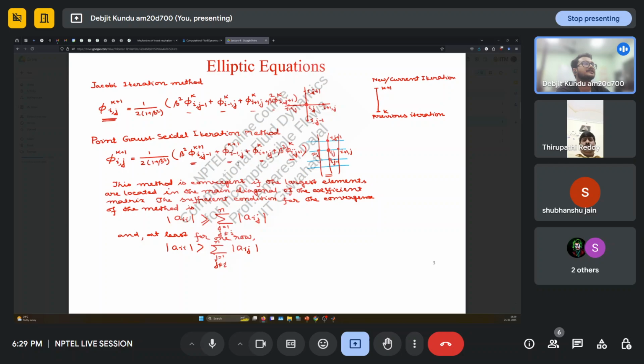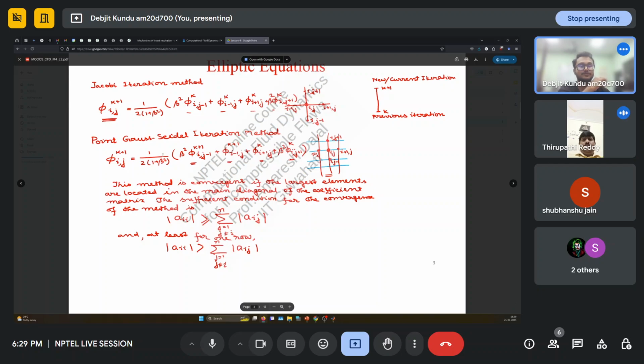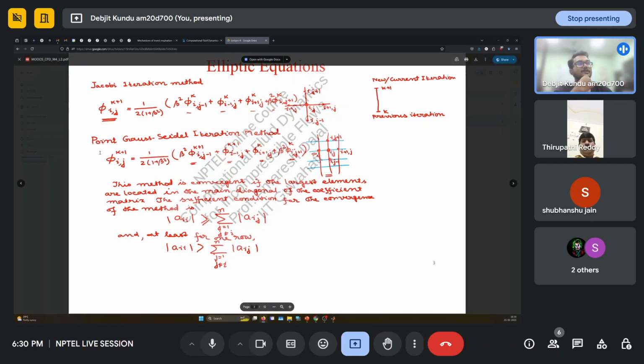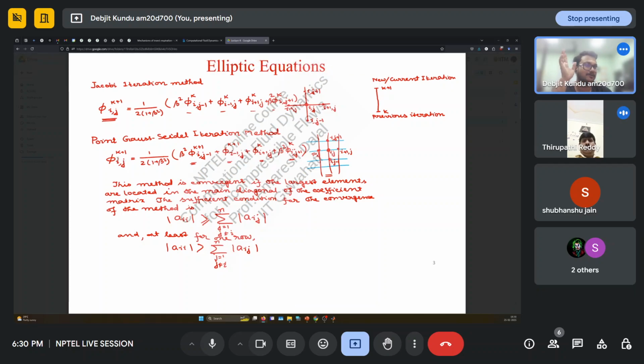Basically, whatever value is known to us in point Gauss Seidel method, we use that. We start from i equal to 0 and go to i equal to whatever the maximum value of i is, let's call it capital N. While we are calculating the values of phi i comma j, let's take for example i equal to 5.